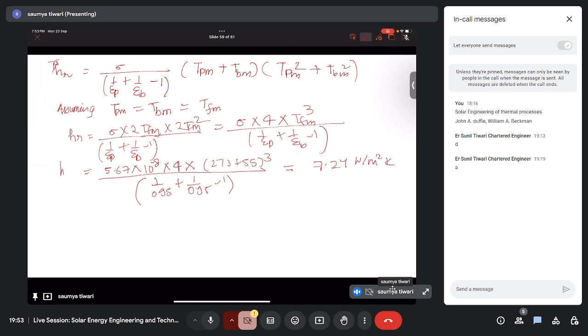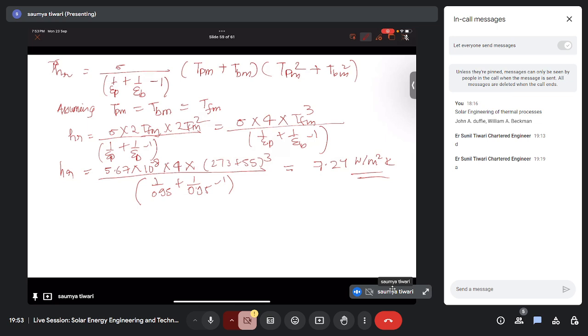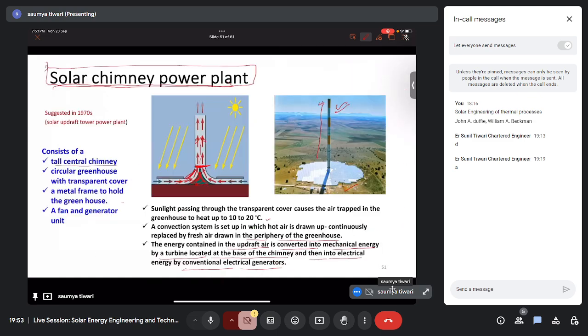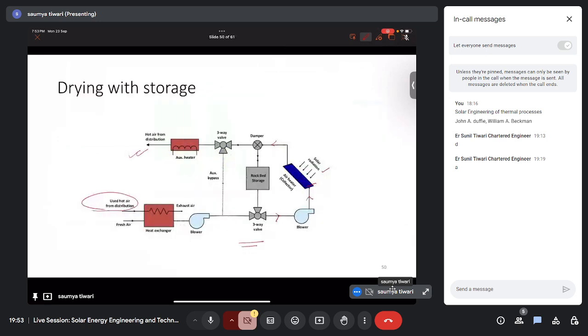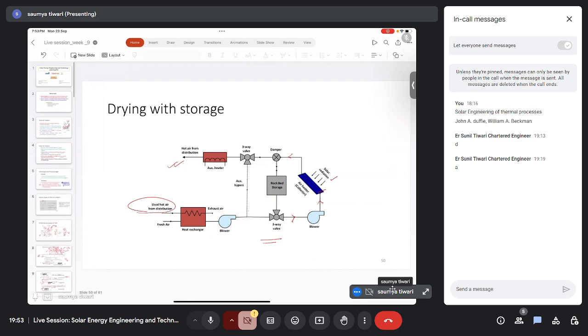So we know the value of HR, and we know the value of HFP and HFB. If you remember the formula, we can calculate the equivalent heat transfer coefficient. Let me go back to the derivation so you can correlate.